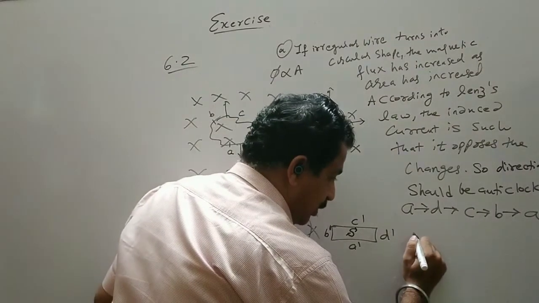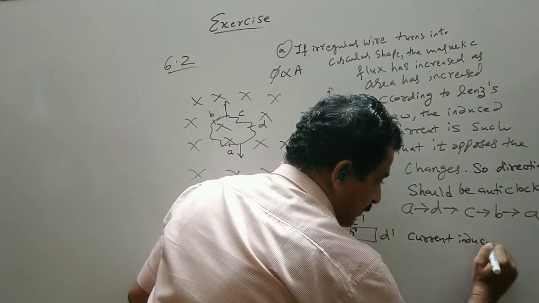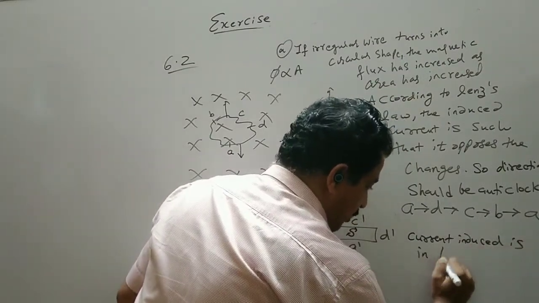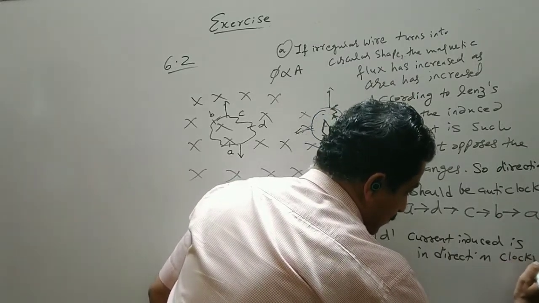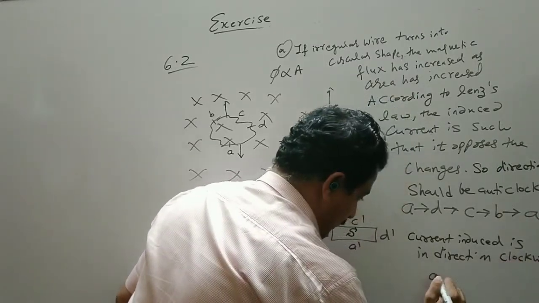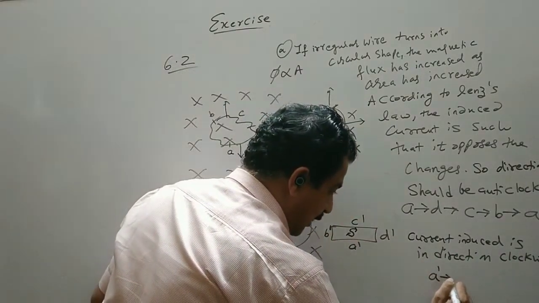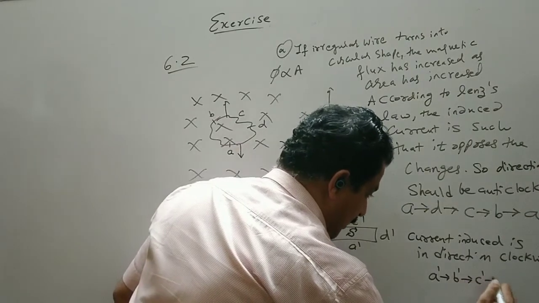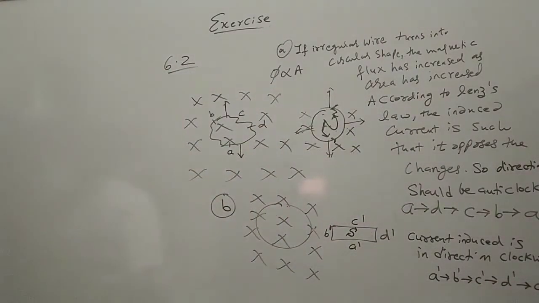So the induced current is in clockwise direction. So we take A dash, B dash, C dash, D dash to A dash. You can start from any point. You can start from C dash: C dash, D dash, A dash, B dash and again C dash.